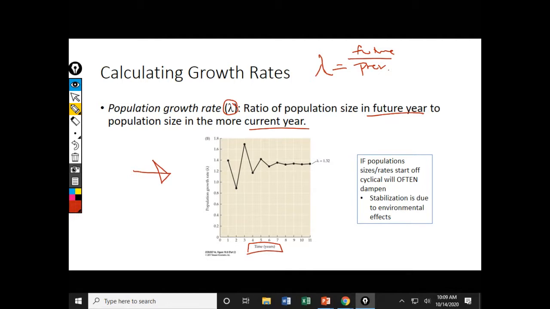Our y-axis is that population growth rate, right? It's really tiny, so I'm going to make that bigger. That's our lambda. Okay. So we're looking at the rate of change for that population from one year to the next.